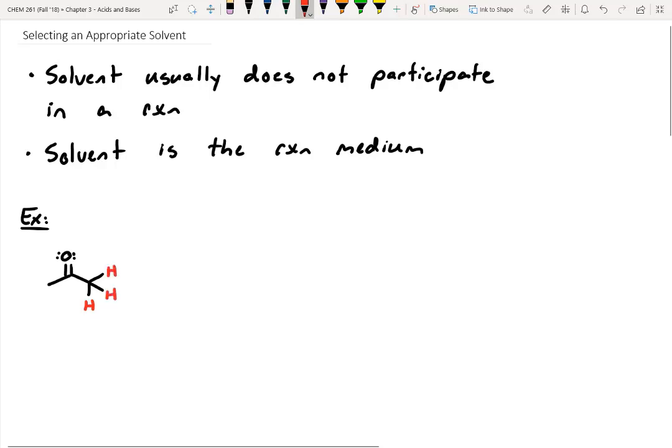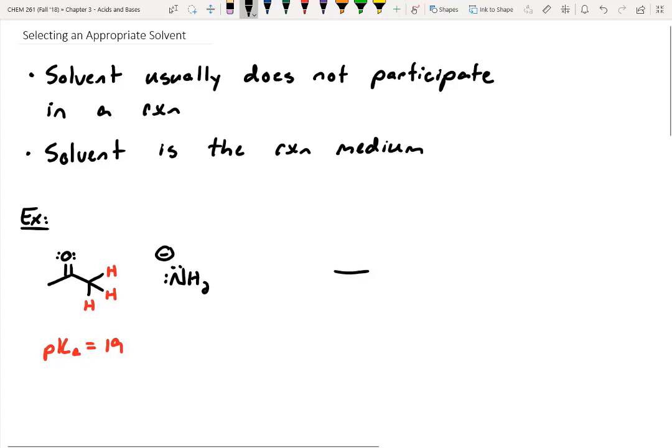And if you look this up in a pKa table, the pKa of acetone's protons is about 19, give or take. All right, if we go back and we want to select an appropriate base, maybe I'm going to pick sodium amide, which is NH2 minus.